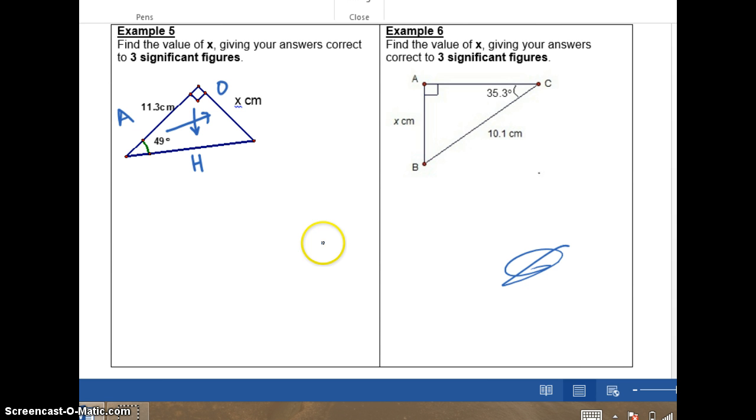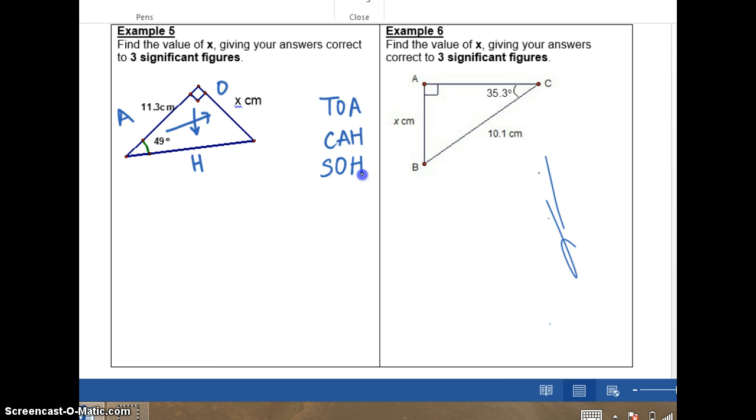Now you must write down TOA CAH SOH at the side to help yourself decide which one to use. Since we have opposite and adjacent, you can see that we only need O and A, and we can easily select TOA, which is tangent, and use tangent to help us solve for x.